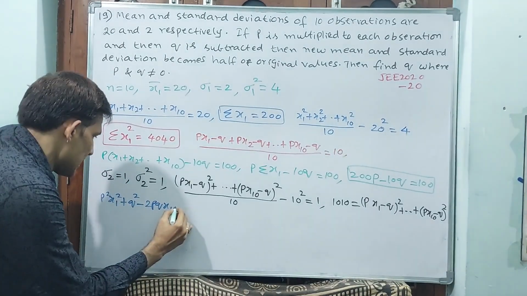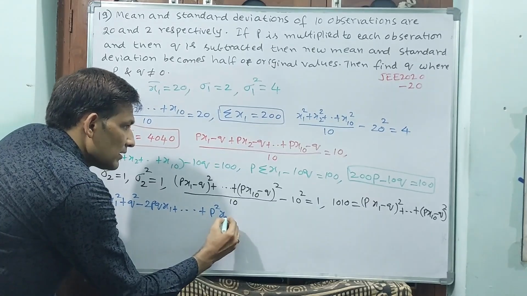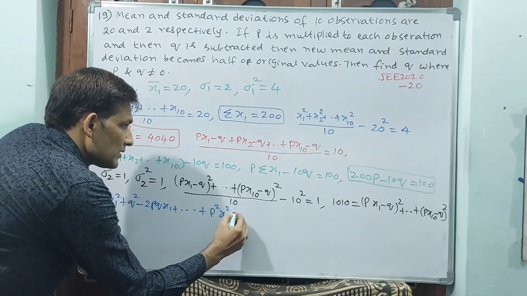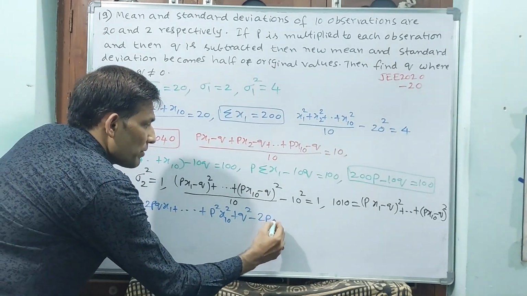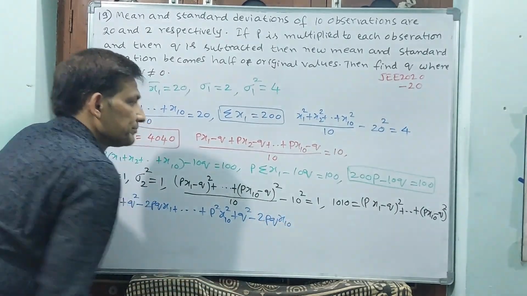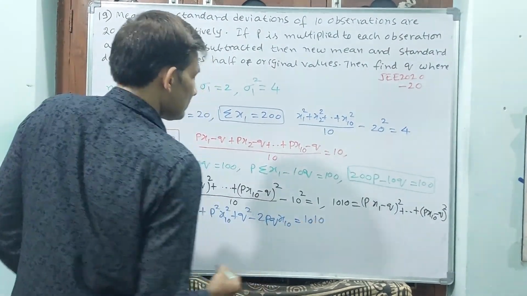Okay, this is the first one. Like this it will go up to the last one: a square plus b square minus 2pqx10, that is equal to 1010.